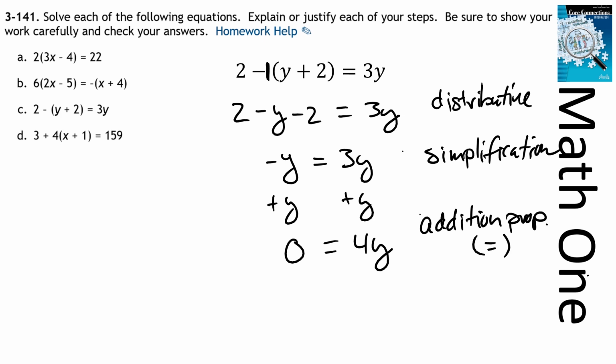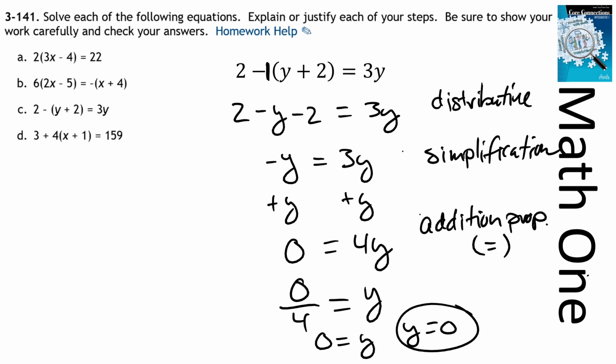And finally, I'm going to divide both sides by 4. Notice I'm dividing by positive 4, which is perfectly fine. On the one side, I've got 0 divided by 4. And when I take 4y and divide that by 4, I have y. So if you look closely, 0 divided by 4 is 0. So I'm getting that y is 0.